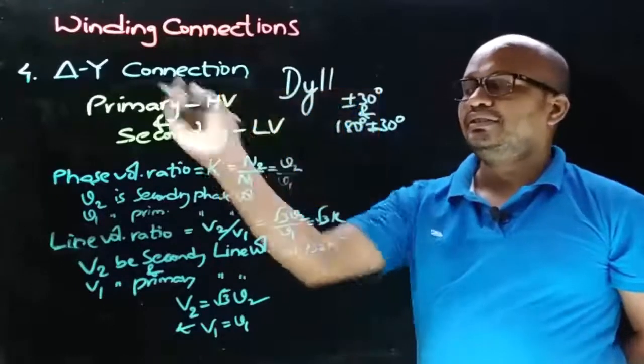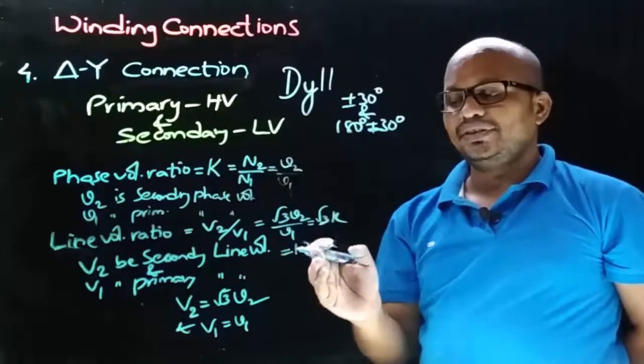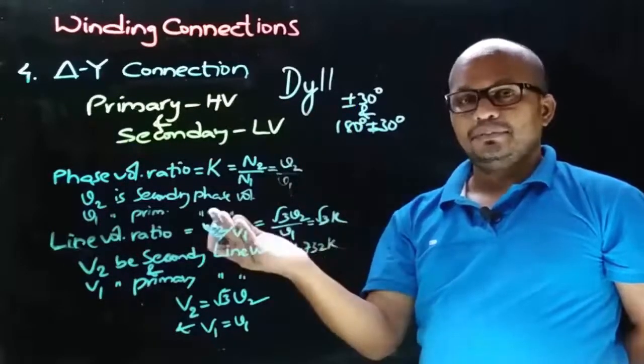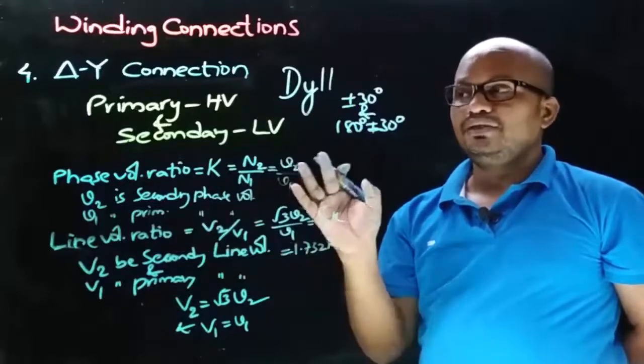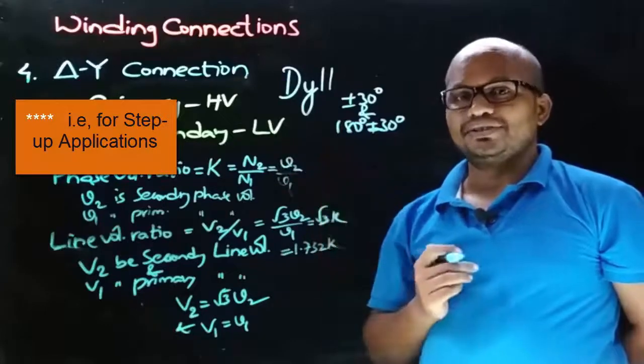In simple terms, delta star connection can provide more voltage than the primary side line voltage. Therefore, delta star connection is used for high voltage applications.